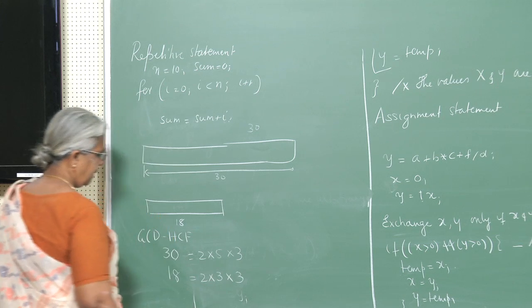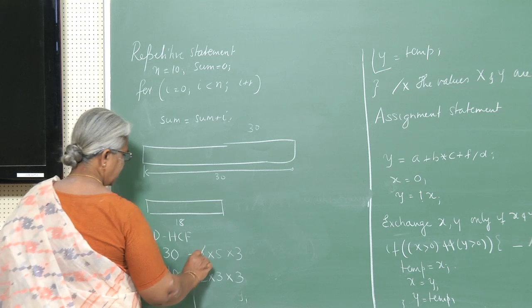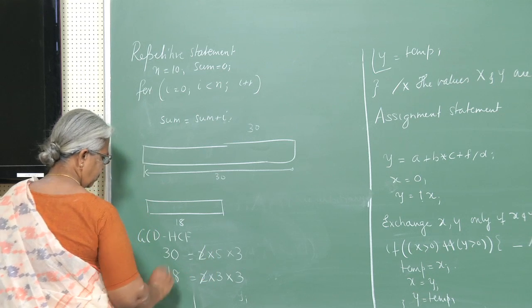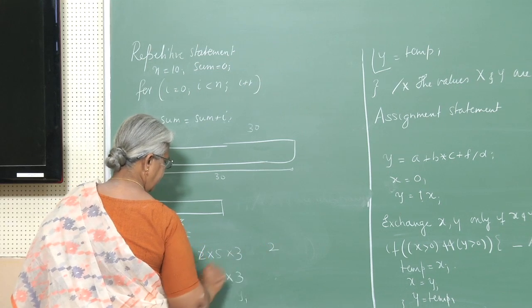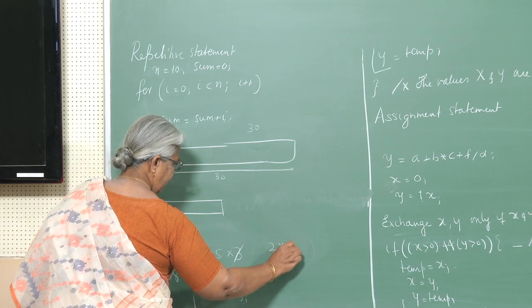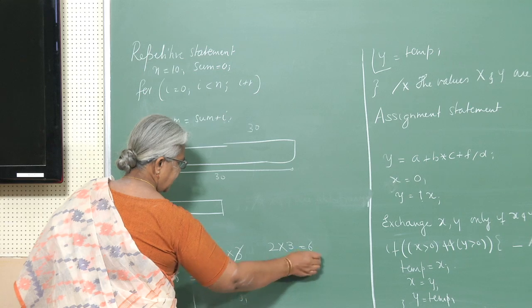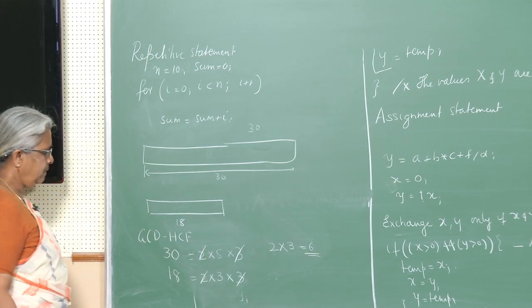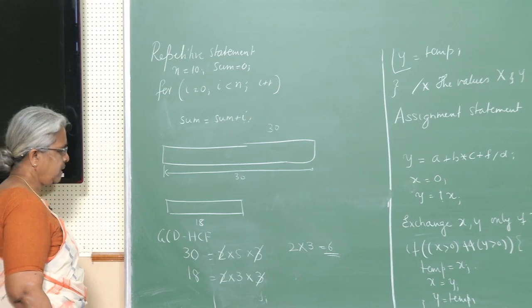All right. Then what would you do? You would cross out the common terms in both the numbers, multiply these, and you will write that 6 is the highest common factor or GCD of the two numbers.